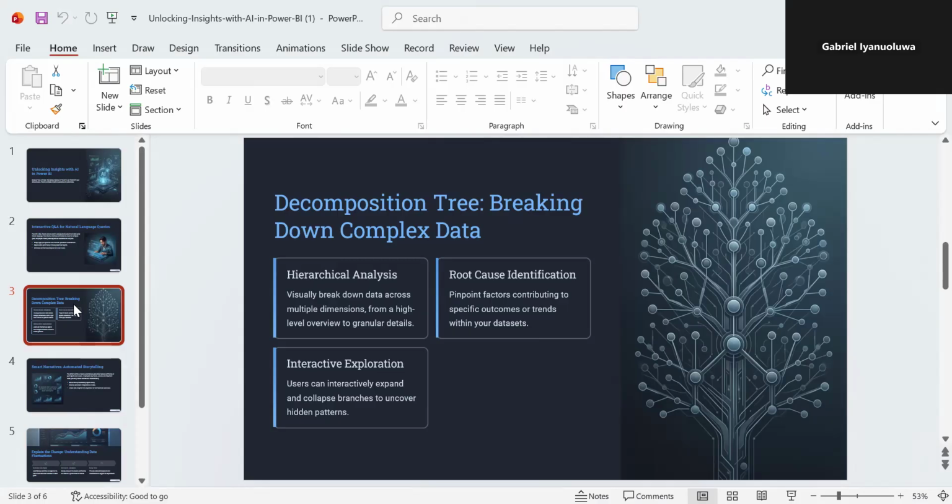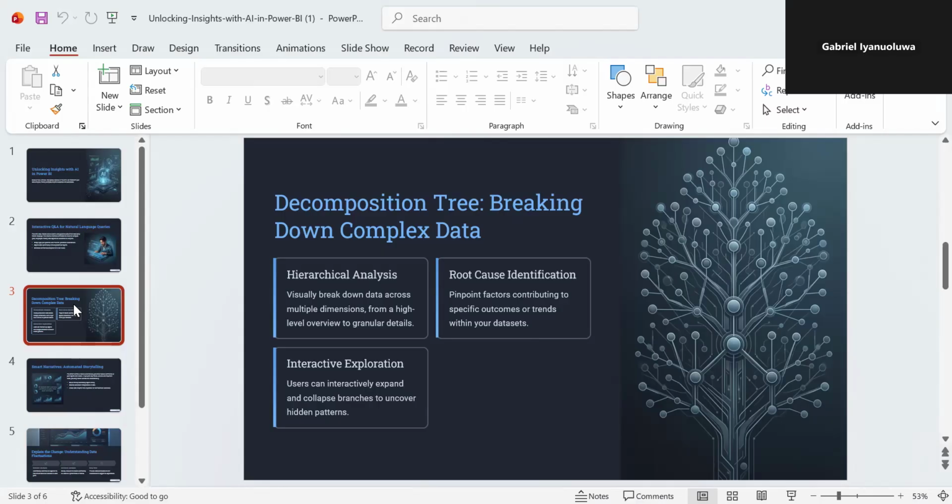And in these tutorial videos, I'll be helping you to work with the decomposition tree, which helps for breaking down complex data. The main subject of the decomposition tree is hierarchical analysis.